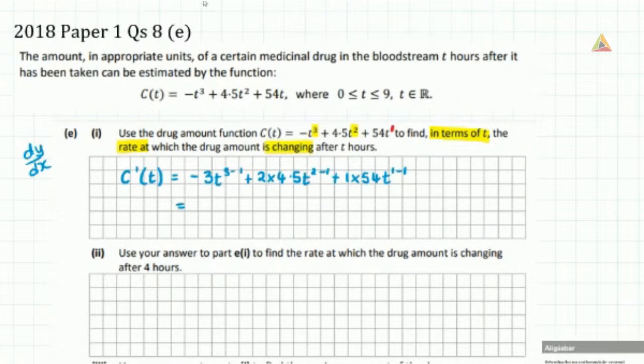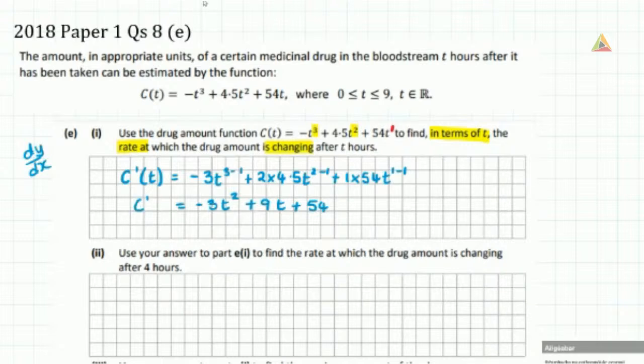And when we tidy that up, I get minus 3t squared plus 9t, and that's t to the 1, which is the same as t, plus 54t to the 0, which we know t to the 0 is 1, so 54 times 1 is just 54.